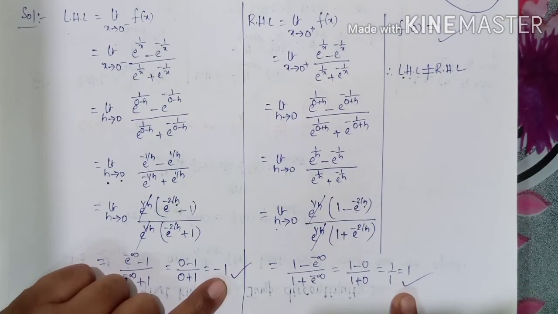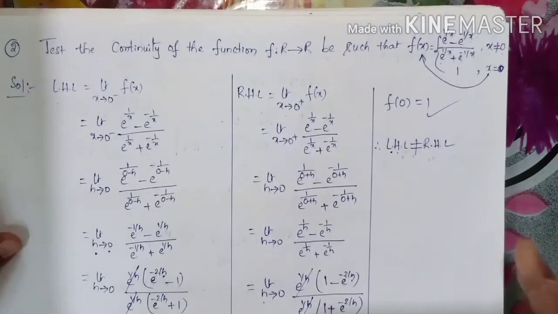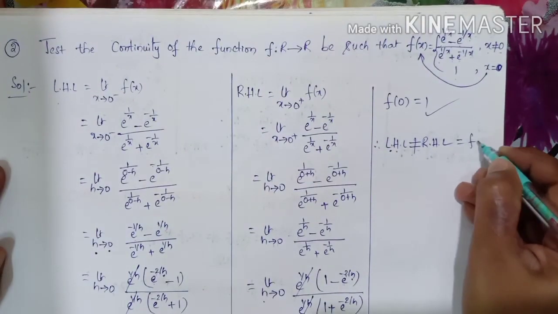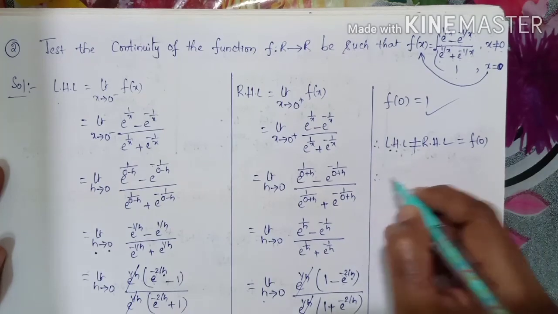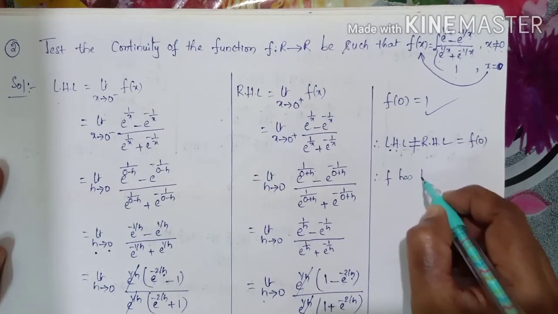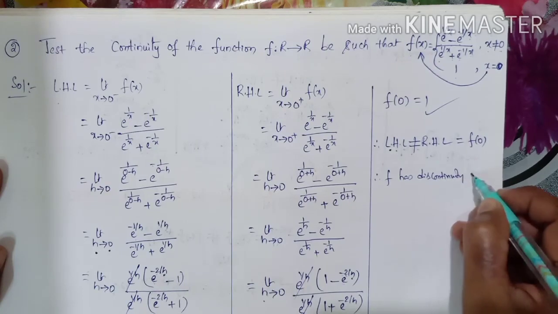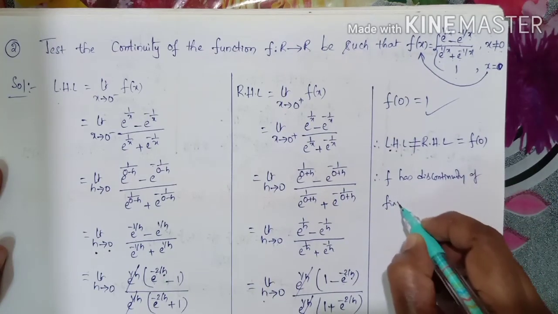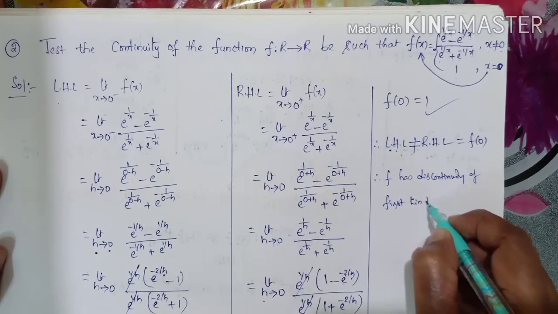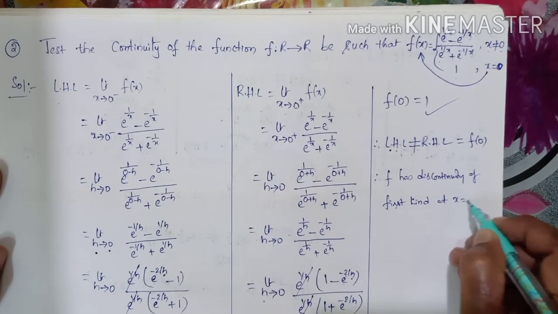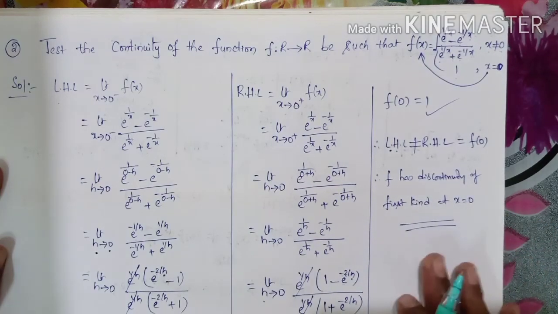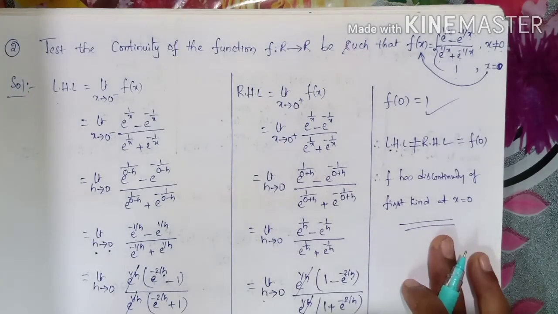Therefore, these two are not equal. But right-handed limit is equal to f of 0. Therefore, f has discontinuity of the first kind at x is equal to 0, or f has a jump discontinuity at x equal to 0.